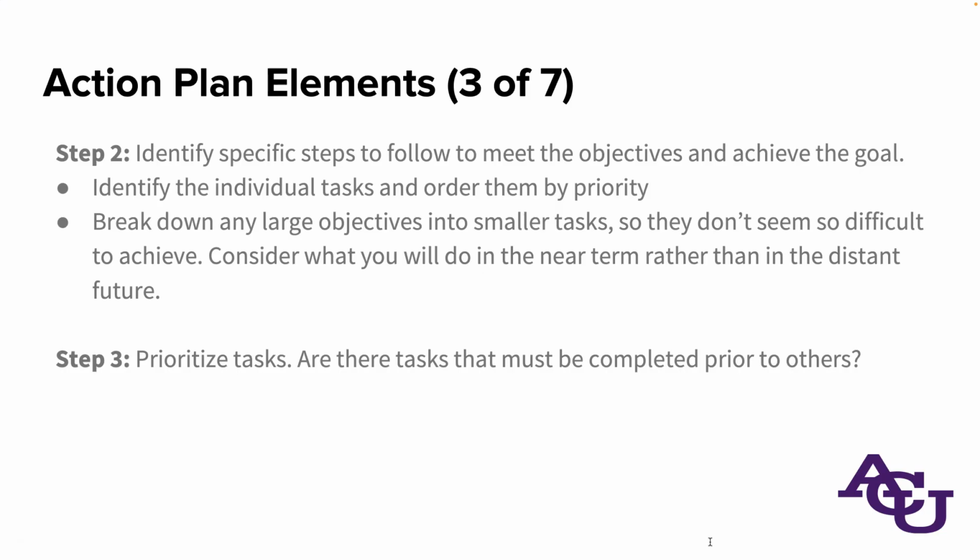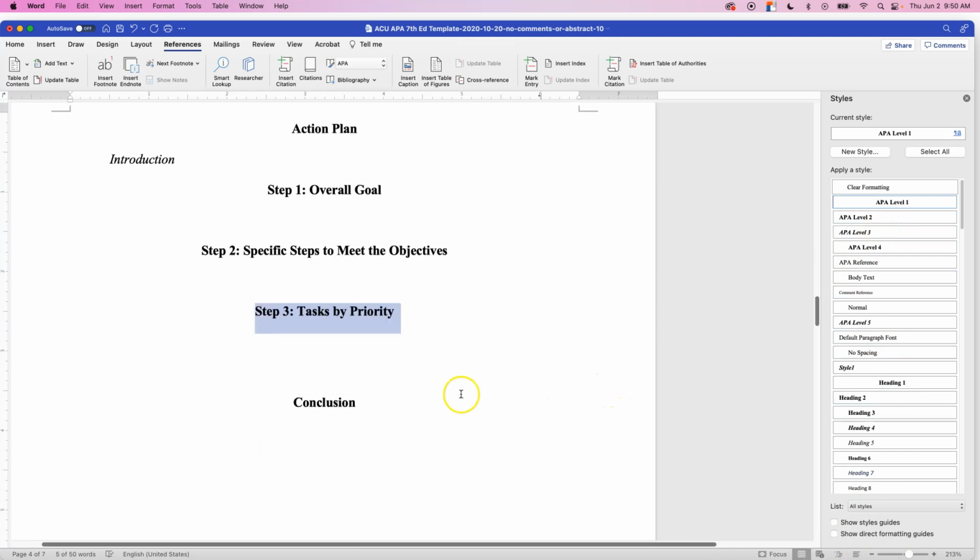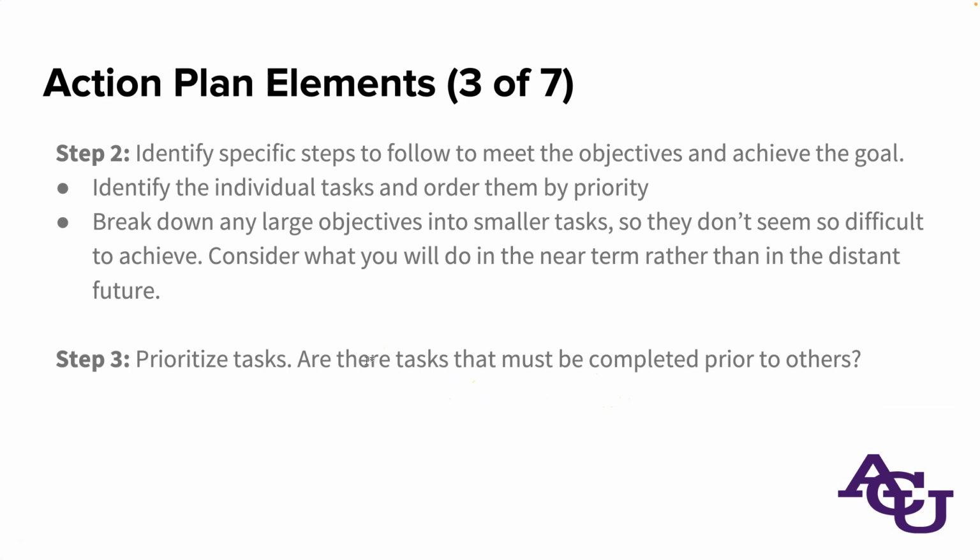Step 3, prioritize tasks. So we'll call this step 3, task by priority. And you can call it a number of different things, but it should be descriptive and reasonably concise. And this tells us, oh, there's going to be a list of tasks in here. It's going to be sorted by priority. Okay.